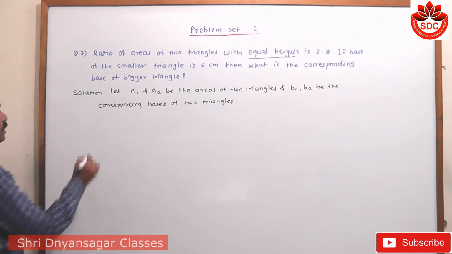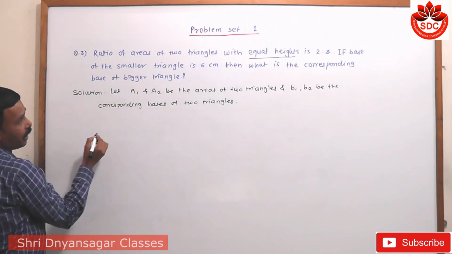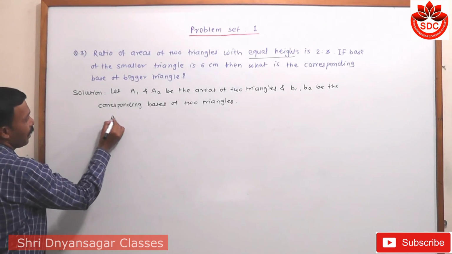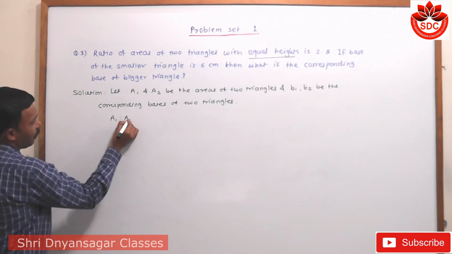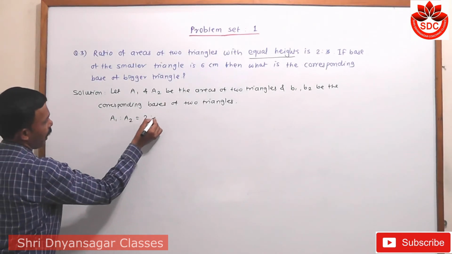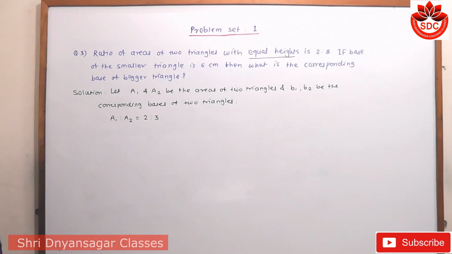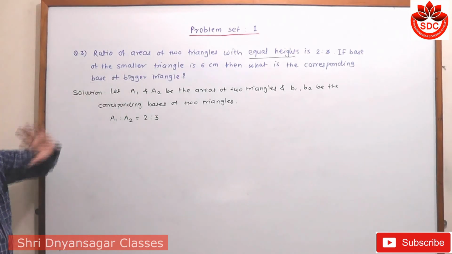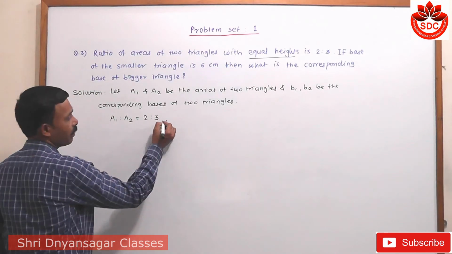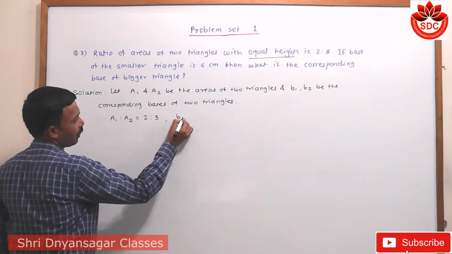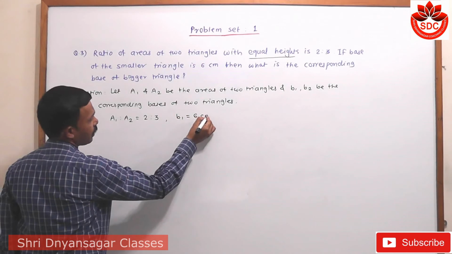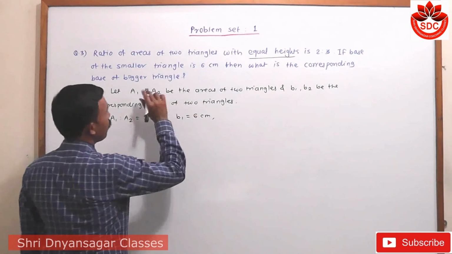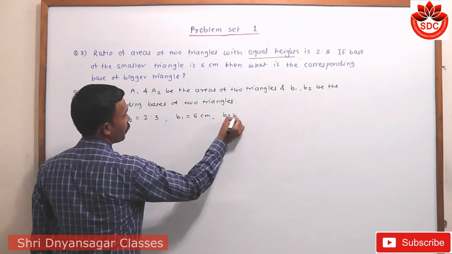The ratio of areas of two triangles is 2:3, meaning A1 is to A2 is equal to 2:3. Now, the base of the smaller triangle is given, meaning B1 is equal to how much? 6 centimeter.